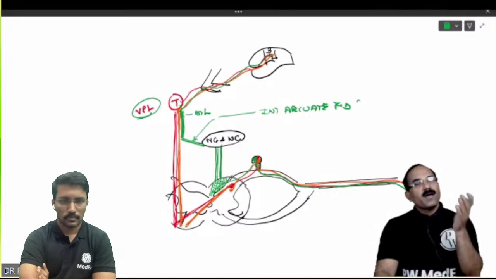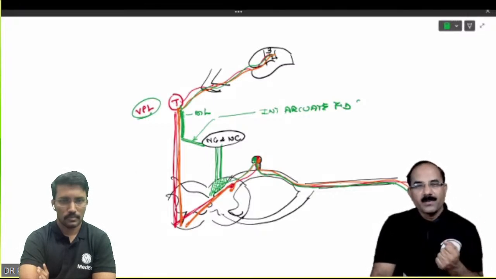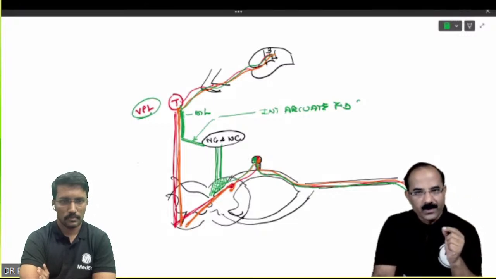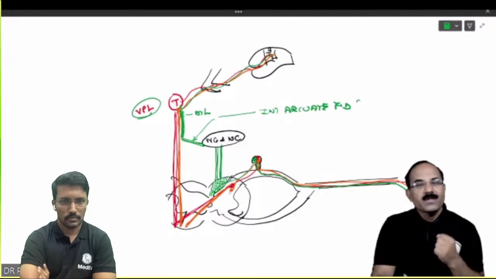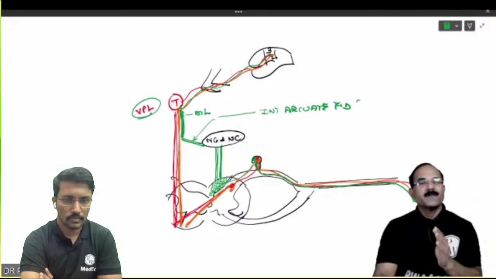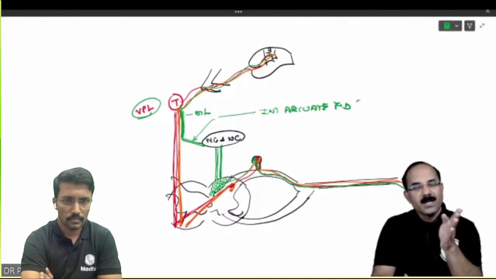Okay, and there's one more pathway which is known as the anterior spinocerebellar tract. Again, the first order neuron is the dorsal root ganglion. The second order neuron is the nucleus dorsalis or the Clark's column. The fibers now cross to the opposite side. They ascend up to the midbrain and they enter the cerebellum through the superior cerebellar peduncle.